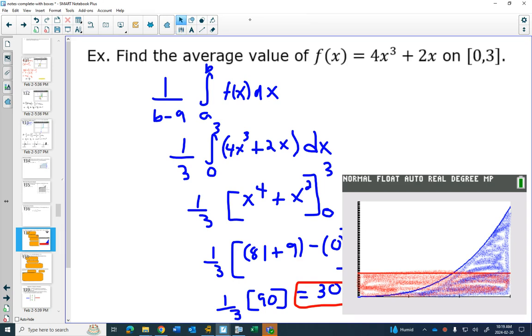So we have to kind of try to imagine, does this area here seem like it would fill up that perfectly? Again, not the easiest to visualize, but that's the idea that's happening here. And that's how integrals are used to figure out the average value of a function.